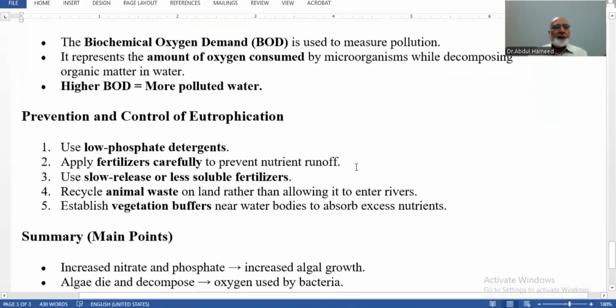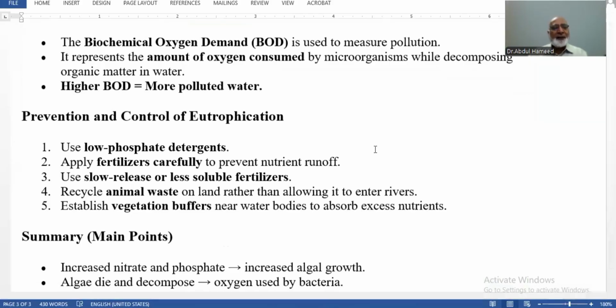We can control it by using low phosphate detergents and applying fertilizer carefully to prevent nutrient runoff. And then we can use slow release or less soluble fertilizers.